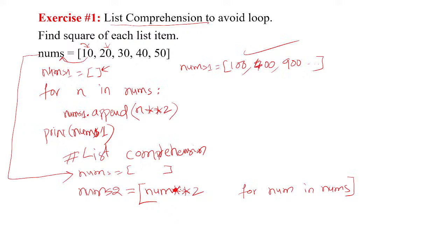Where will I get this num value from? From this loop here. So you can combine the result followed by this. You give a space and write for num in nums here, the entire 4 lines of code.